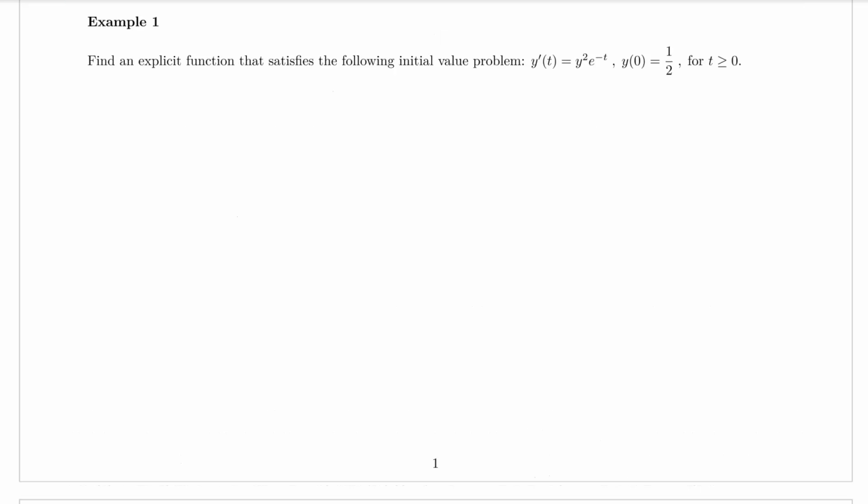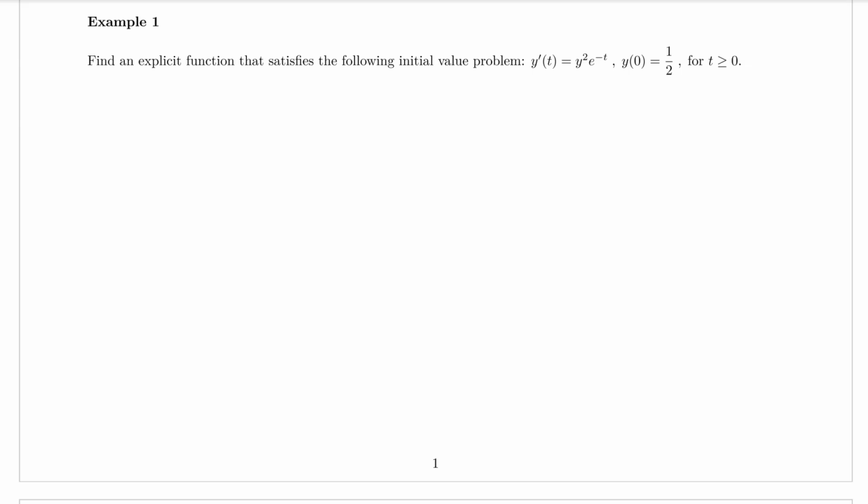Example 1 says find an explicit function that satisfies the following initial value problem: y prime of t equals y squared times e to the negative t, where y of 0 is equal to 1/2 for t greater than or equal to 0.